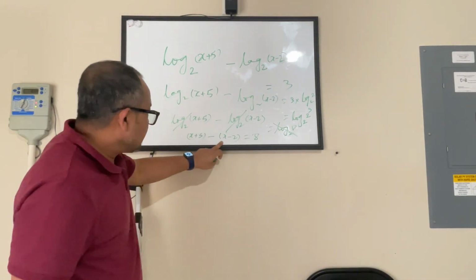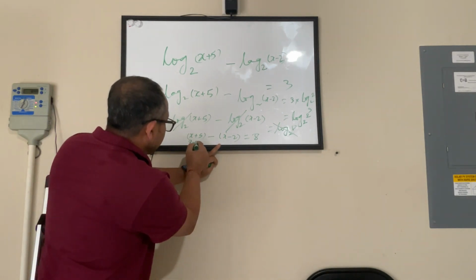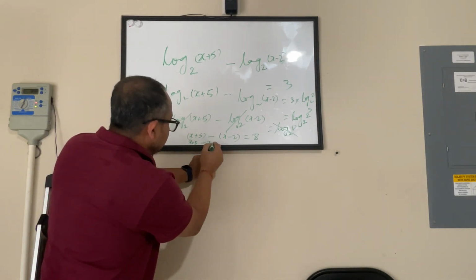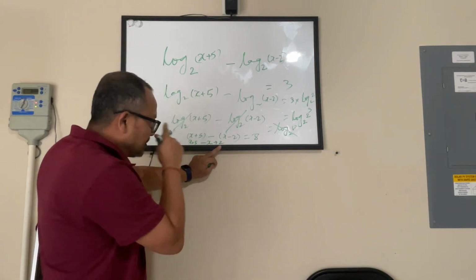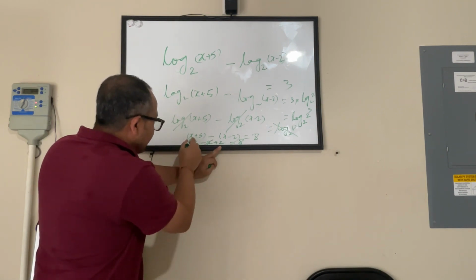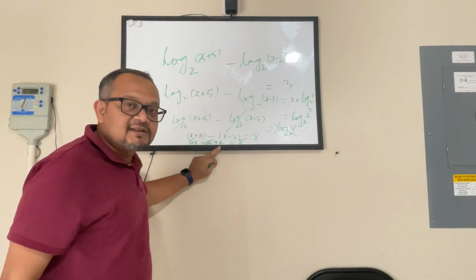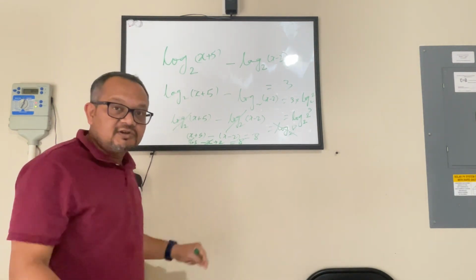Why I was asking if this question is correct or not, because what will happen is this is x plus 5 minus x, minus into minus plus 2. I'm just breaking this bracket now, equal to 8. There is 1 plus x, 1 minus x, which will get cancelled out. So this becomes an equation with zero solution.